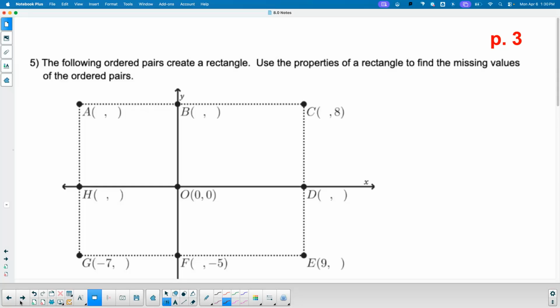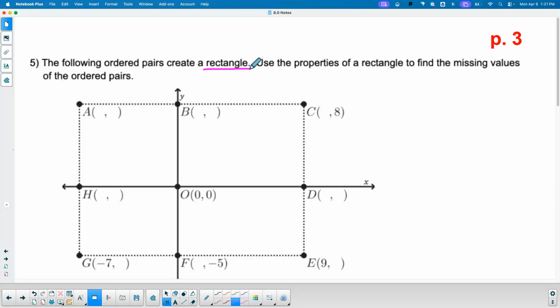Okay, all right. Now, the following ordered pairs create a rectangle. That's very important that it creates a rectangle. What can you tell me about a rectangle? What are some of the properties that you know of a rectangle? Opposite sides are the same.